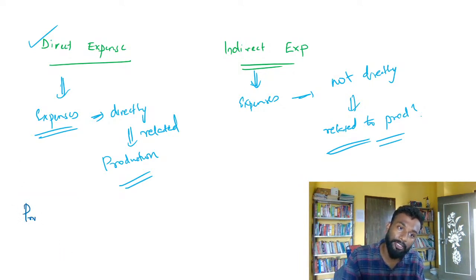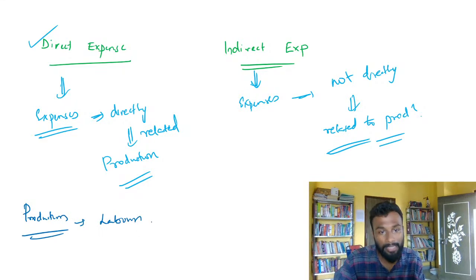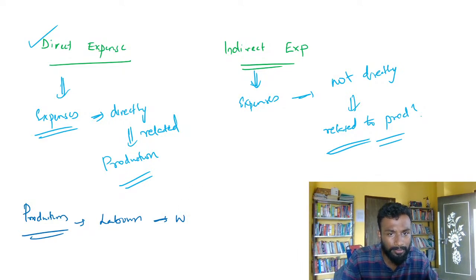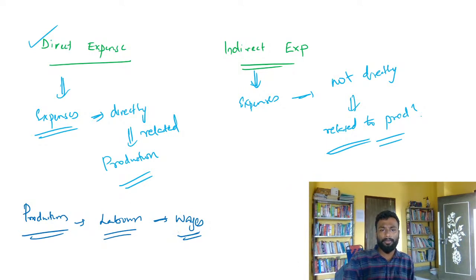In production, generally we find the labors. For the labors, what do we pay? Obviously, it is wages. Yes, guys, wages. Very much important. For labors, we prepare wages.